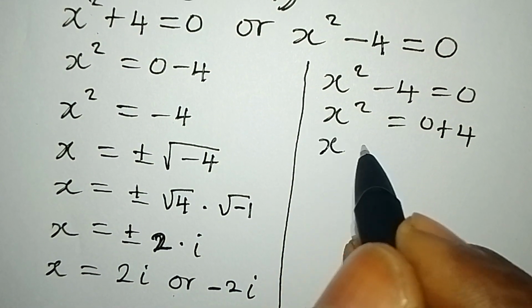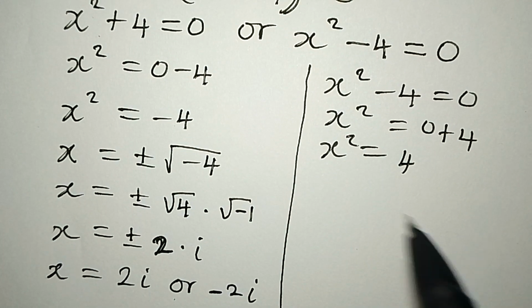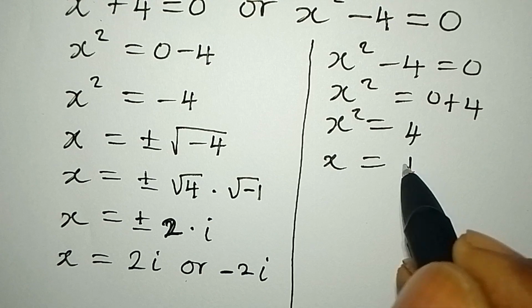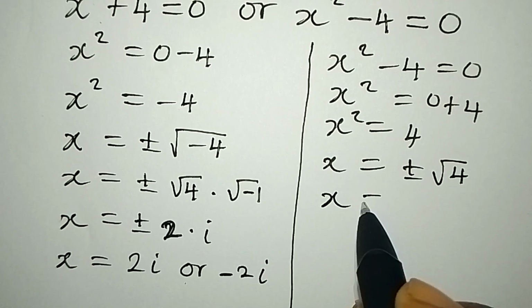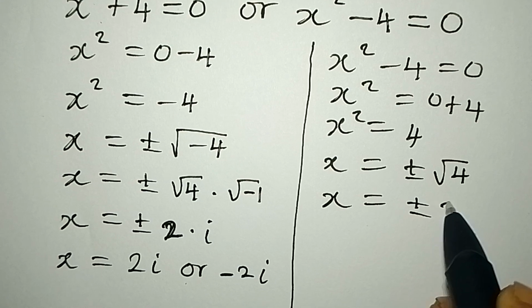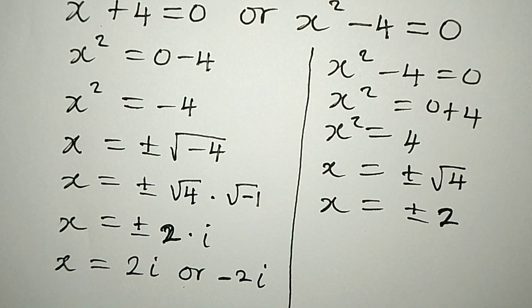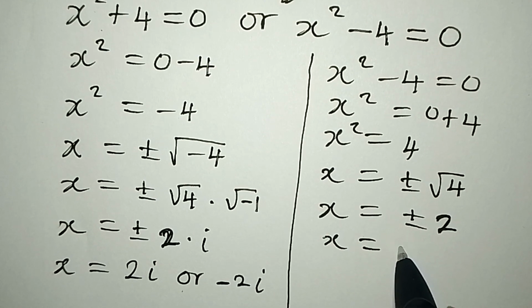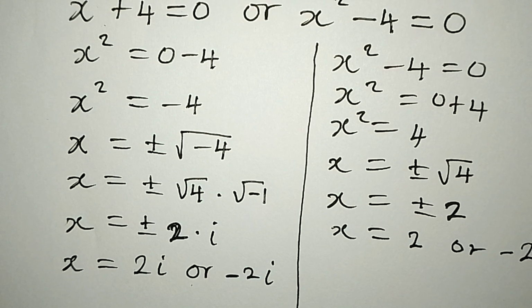So x squared is equal to 4, and x is equal to positive or negative square root of 4, and it's 2. This means that x is equal to 2 or -2.